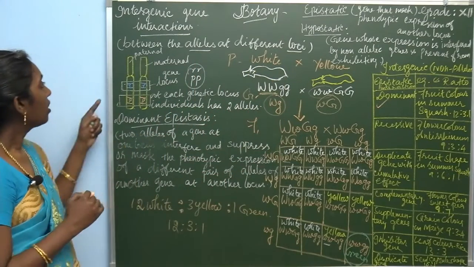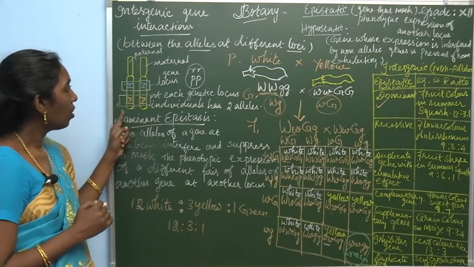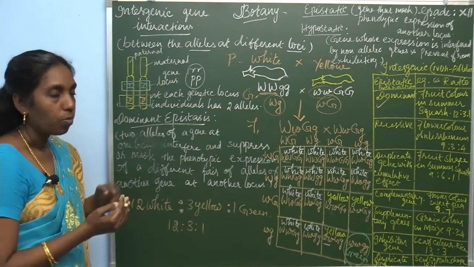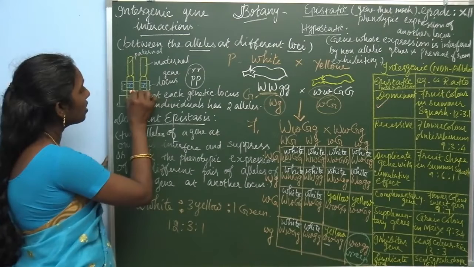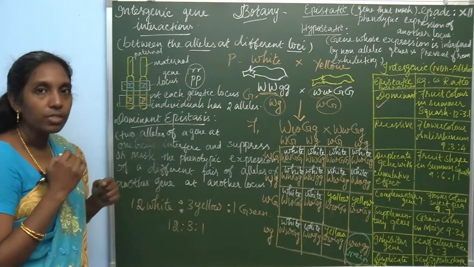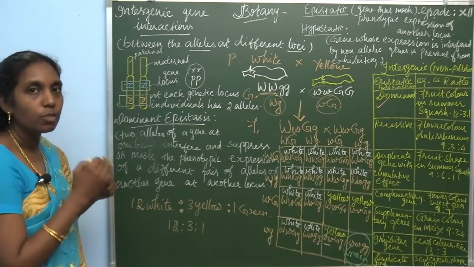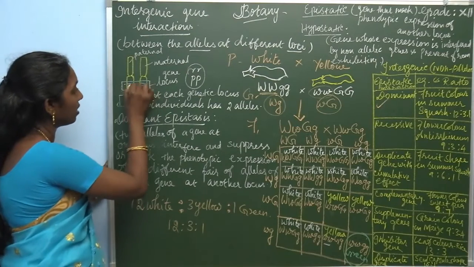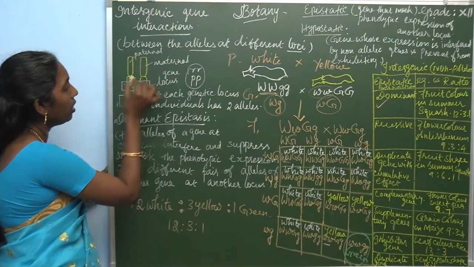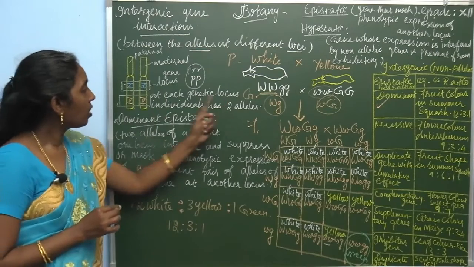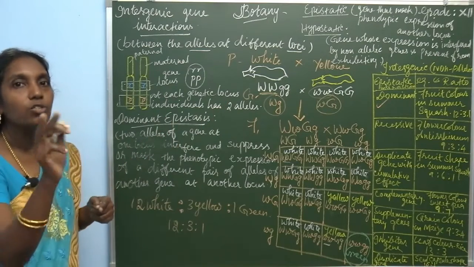Do you understand clearly what are alleles and what is the locus? Within a homologous chromosome, there are different loci which contain genes present in the form of alleles. So these are individual genes. At each genetic locus, an individual has two alleles.